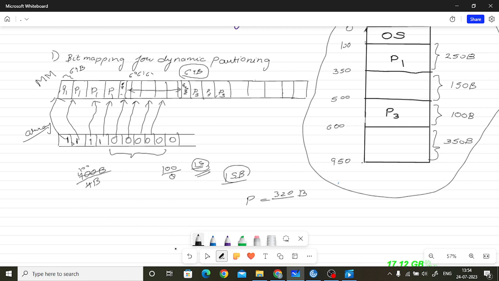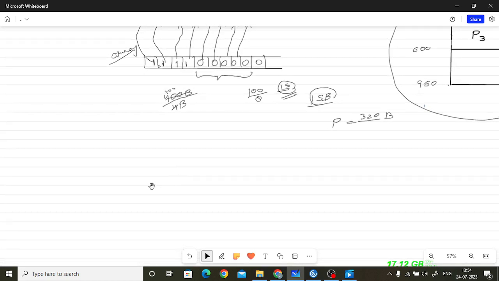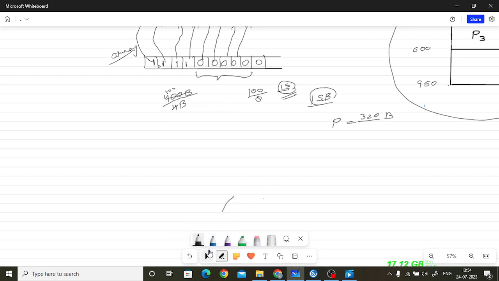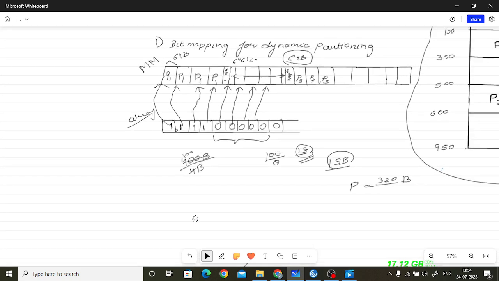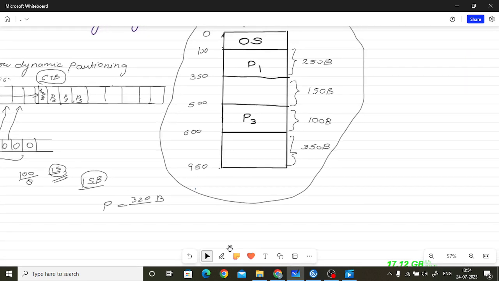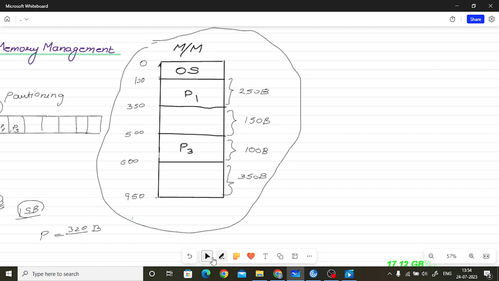So in place of that, we are not using a bit mapping for dynamic partitioning. We are using a linked list in order to represent our memory. In place of bit mapping, we are going to use a linked list method. Okay, what is there in a linked list method?